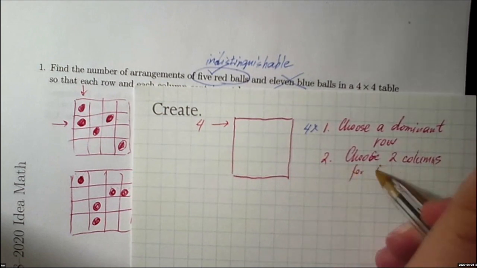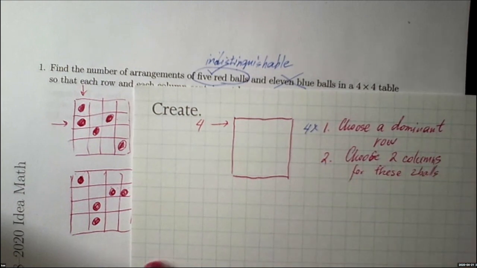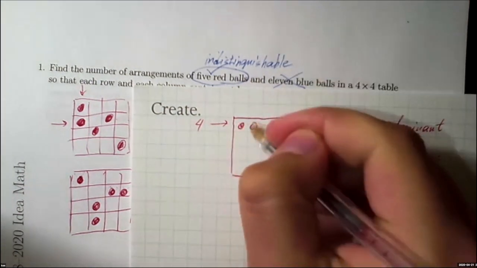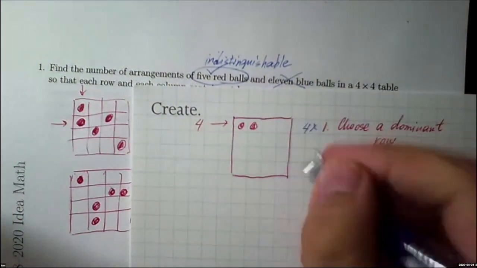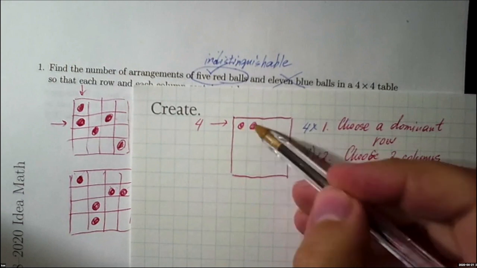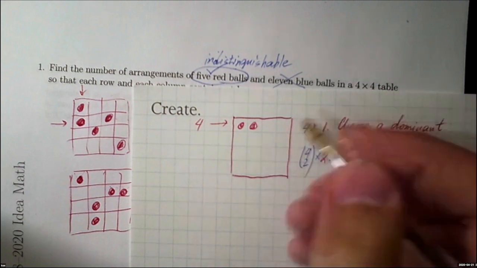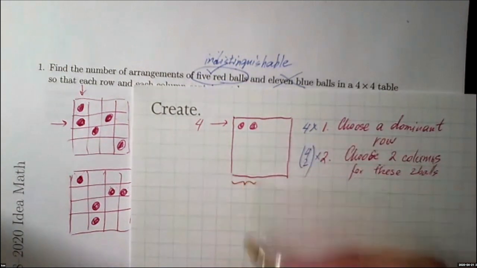We can say these are the first 2, and we should multiply our answer by 4 choose 2, which is 6 options. It all goes by symmetry. Once we chose these 2, we need to choose what will be next. Next we can look at the dominant column, and there are 2 options. The dominant column can be one of these 2 or one of these 2, right?